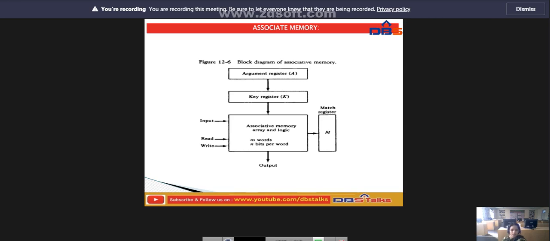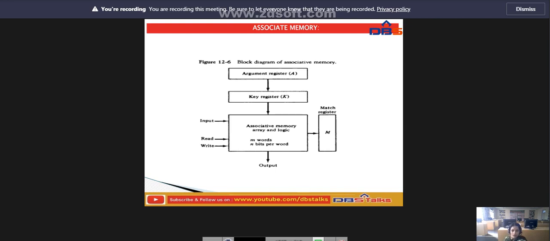In this associative memory, it consists of a memory array and logic for m words and n bits per word.